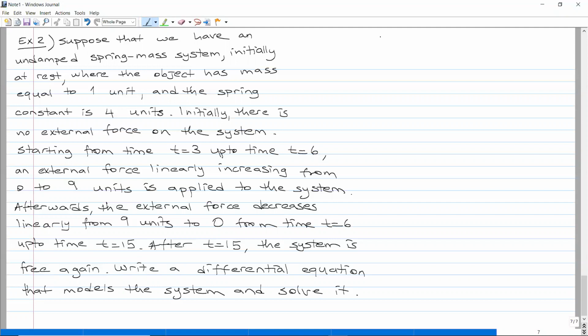Okay, so what are we solving for? We are solving for the function y, function of t, which is the position of the object.